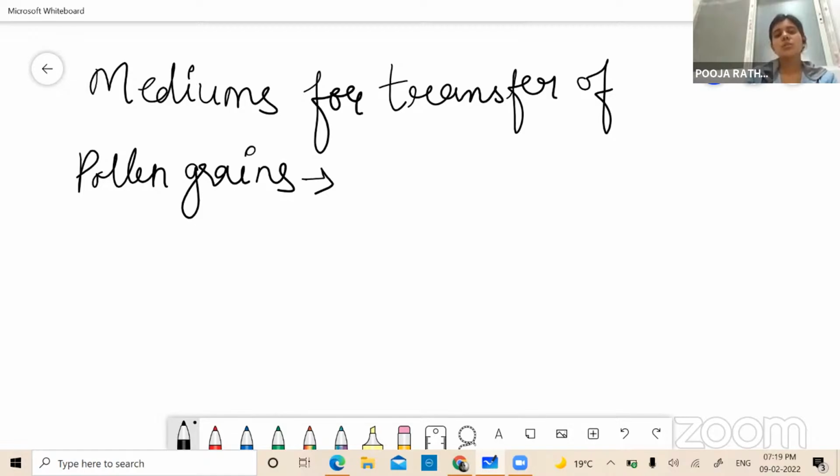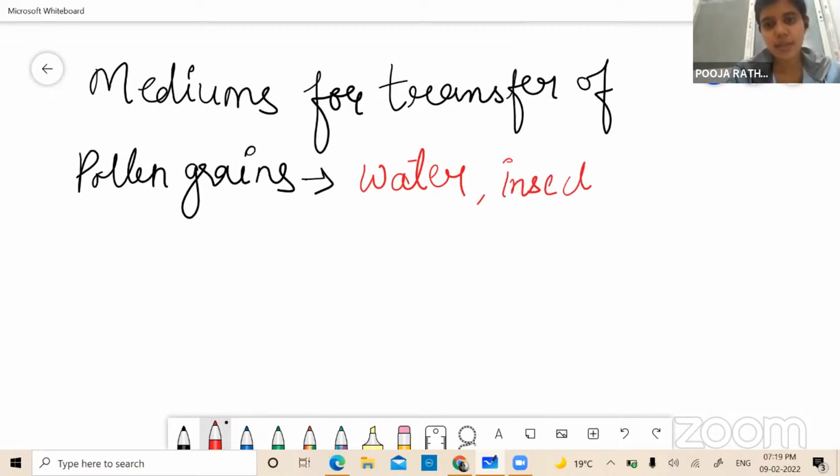Different mediums through which pollen grains could be transferred are: one is water, second is insects, and third is air. These are some of the mediums through which pollen grains could be transferred.